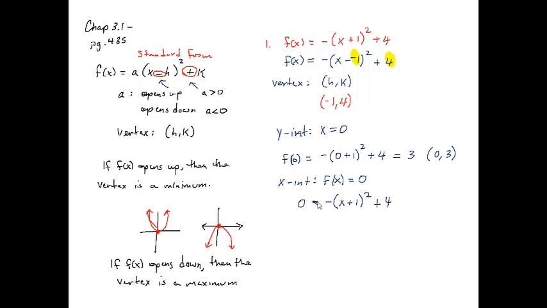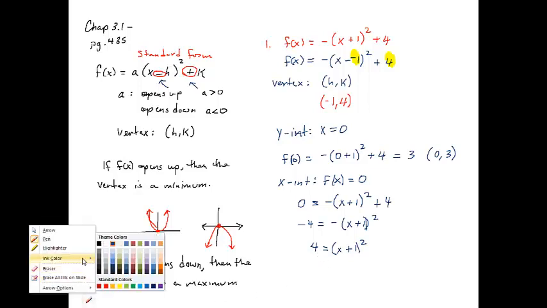And now I'm going to solve for x. I'm going to subtract 4 on both sides. So negative 4 equals negative parentheses x plus 1, whole thing squared. Divide by negative 1, I get 4 equals x plus 1 squared. Take the square root on both sides.